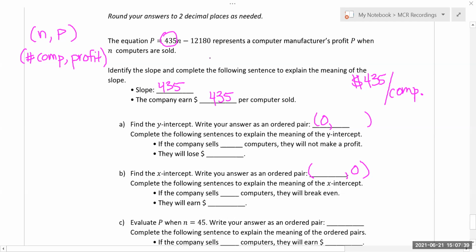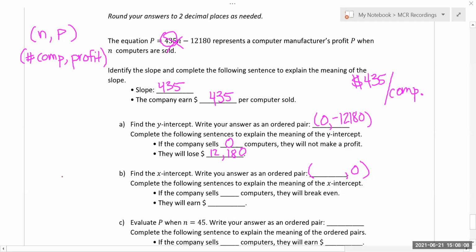So my y-intercept is when x is 0. So essentially that part cancels out, and it's the negative $12,180. So what that means is if this company sells 0 computers this month, they don't make a profit. In fact, they lose $12,180. You got to think all those operating costs, carrying costs. You can't just not sell anything that month. You still have rent, wages, lights, electricity, things like that.